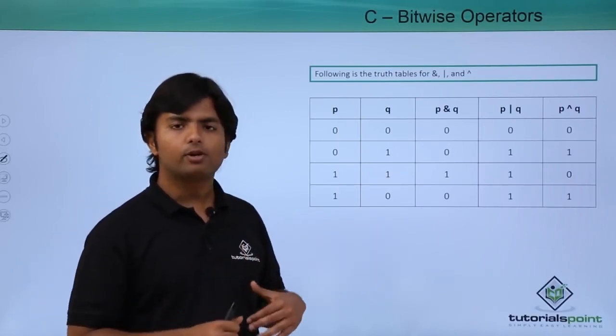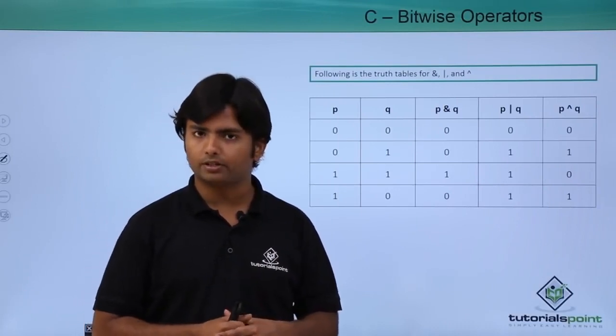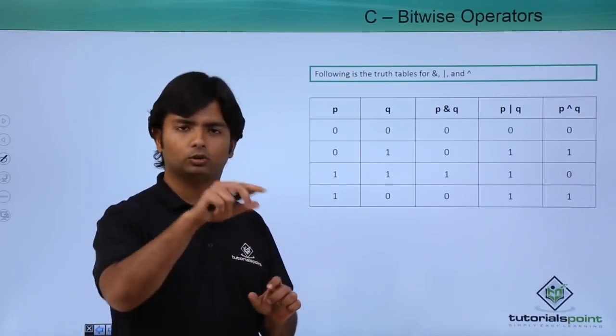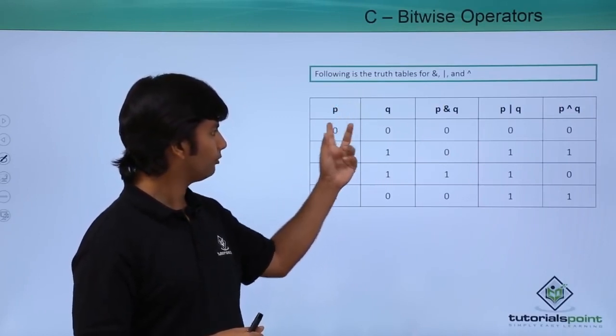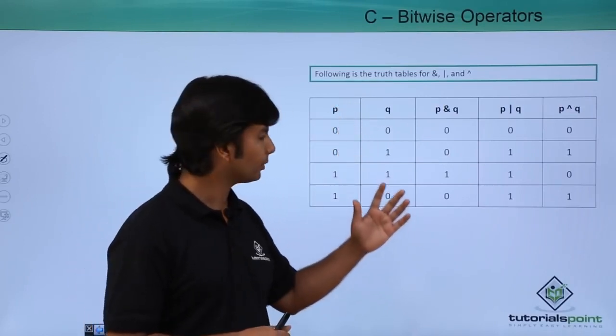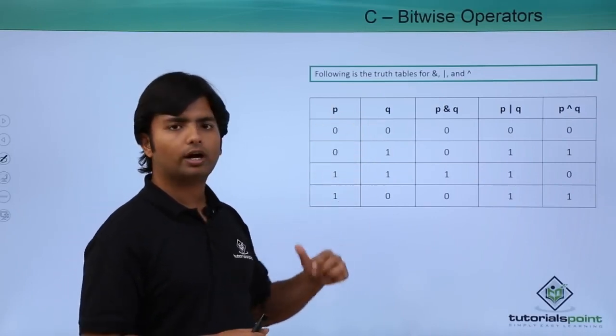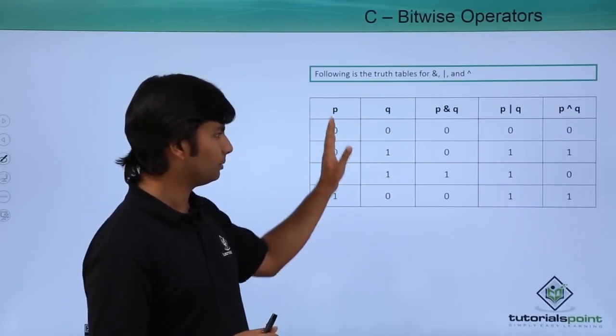So when I apply any bitwise operator, it will directly work on those binary bits. So for example, here we have 0 and 1, that's the binary value that we have. P and Q are the two variables which are carrying the bits.